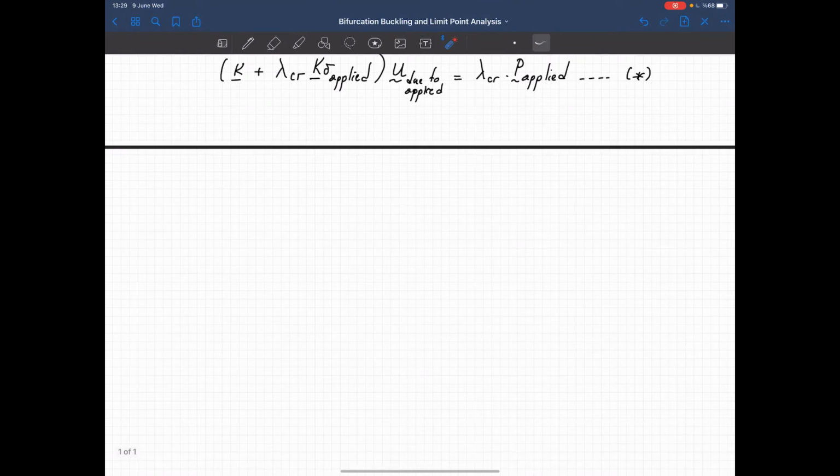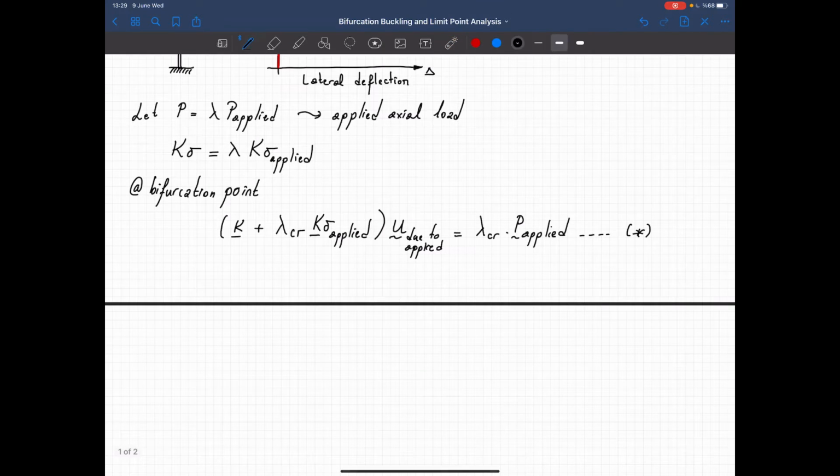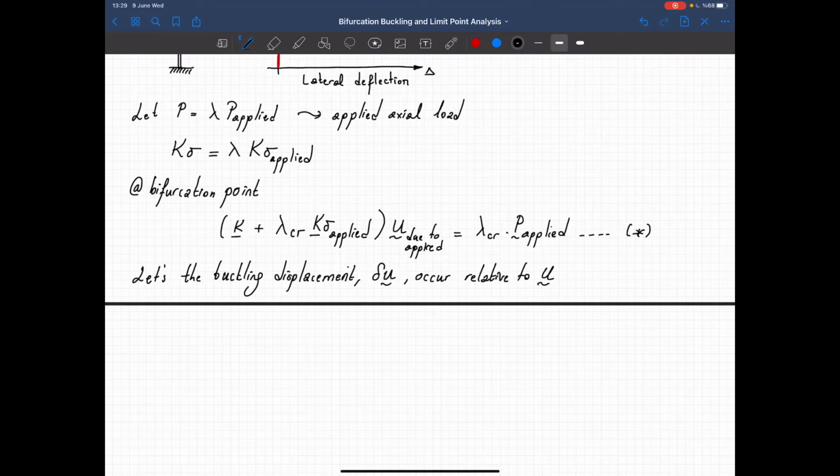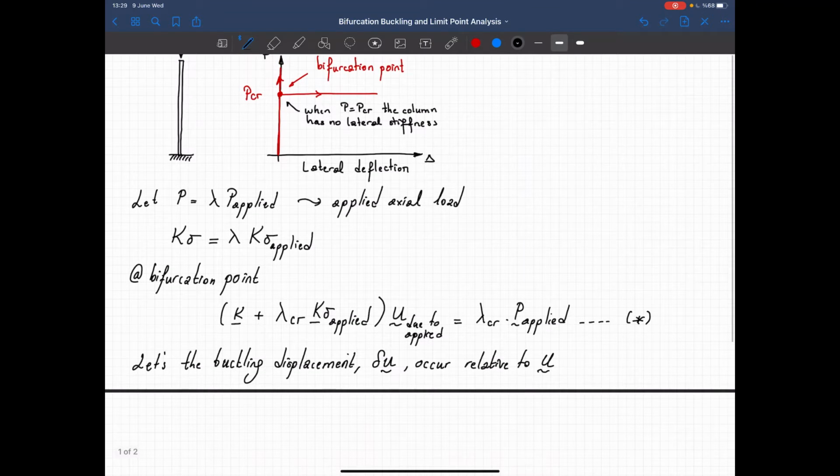Now let's say that the buckling displacement, let's call it delta U, occurs relative to U. Okay, so I'm talking about this.